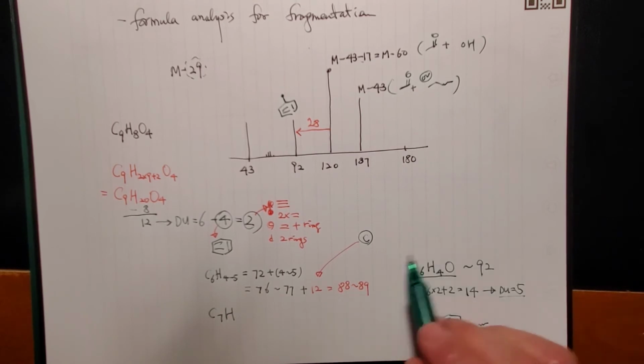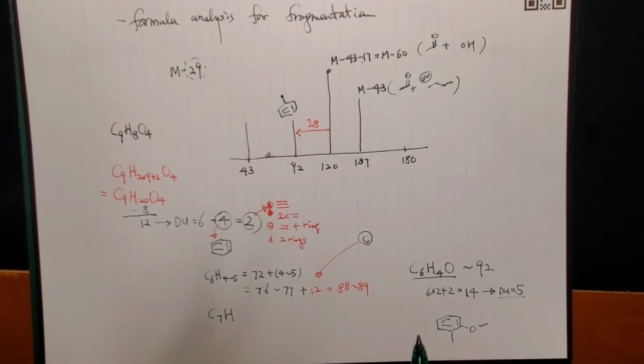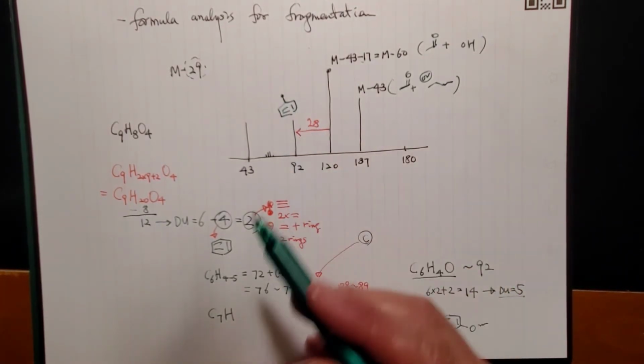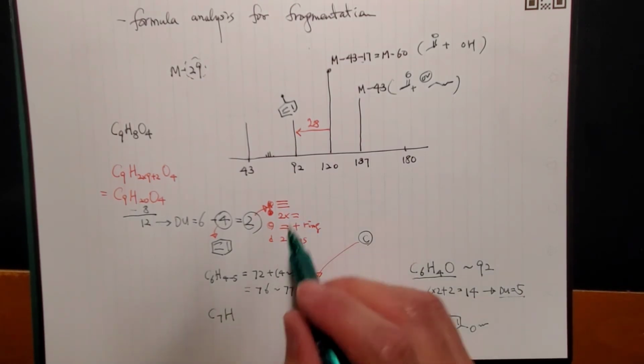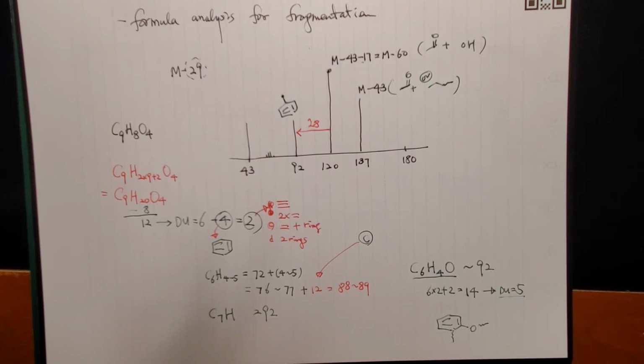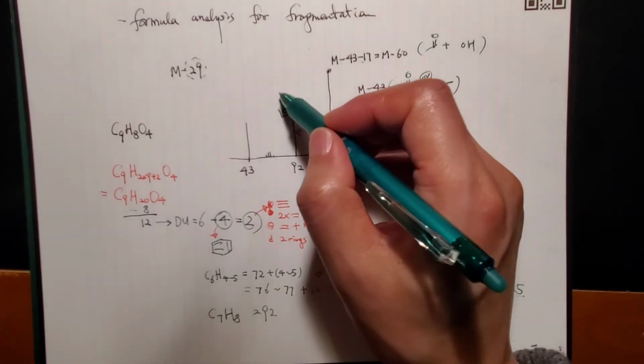Since we found this, let's examine our proposition more carefully. So we are saying there are 7 carbons, and in order to make up 92, how many hydrogens are required? 7 times 12 is 84. So in order to be 92, you need 8 hydrogens, meaning 1, 2, 3, 4, 5. So you need 3 more hydrogens.